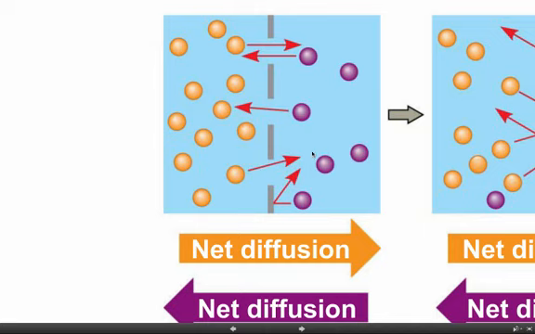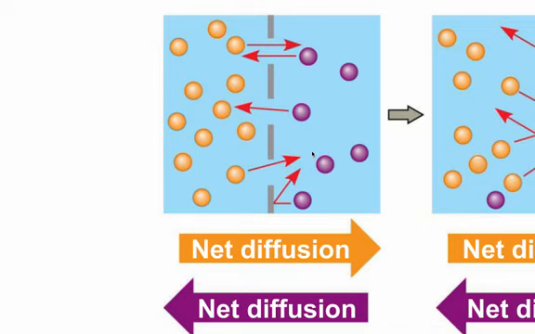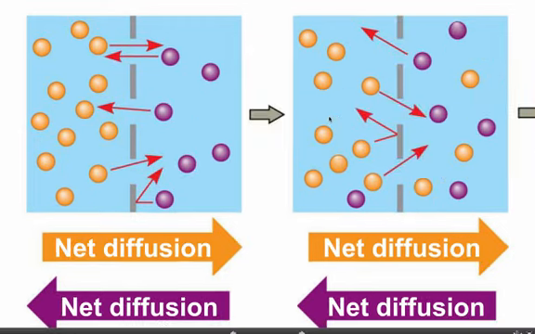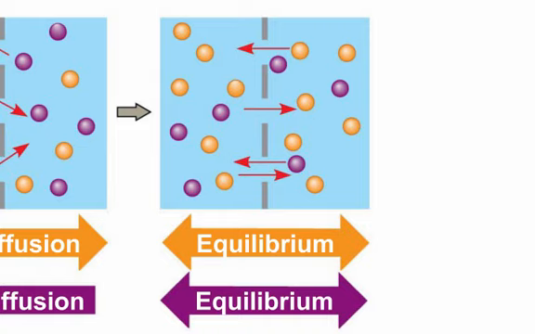So this occurs even when there are multiple molecules involved. We've got one solute on one side, a different solute on the other side, and each of these solutes will move to a point of equilibrium so that the concentration of each is balanced on each side.